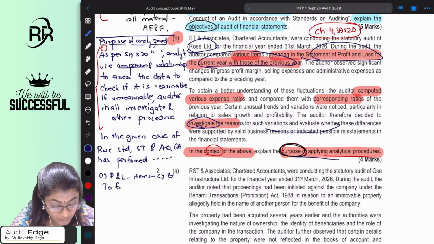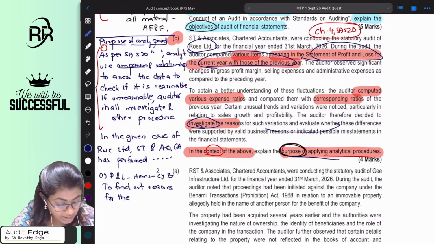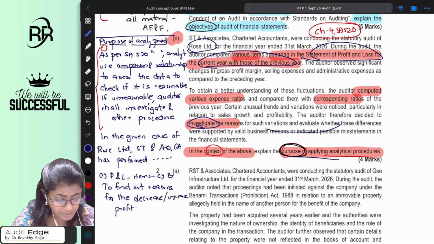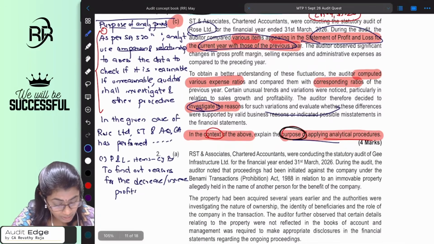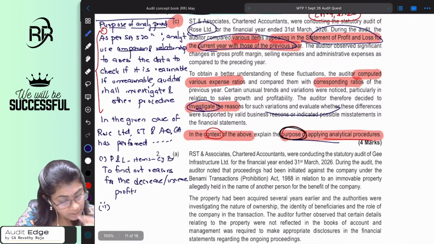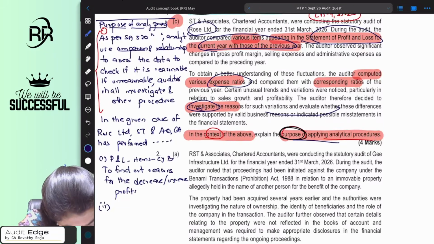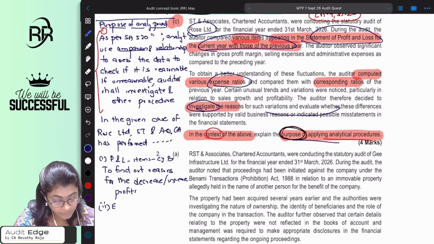To find out the reasons for the decrease or increase in profits. So that's the purpose. Why do you check the P&L? To check whether there is an increase or decrease in the profits. Now, in the second case, they saw various expense ratios. Next is regarding expense ratios.